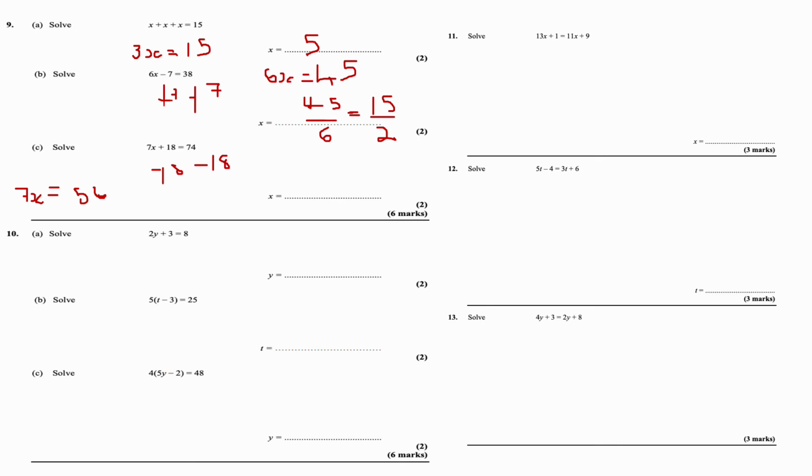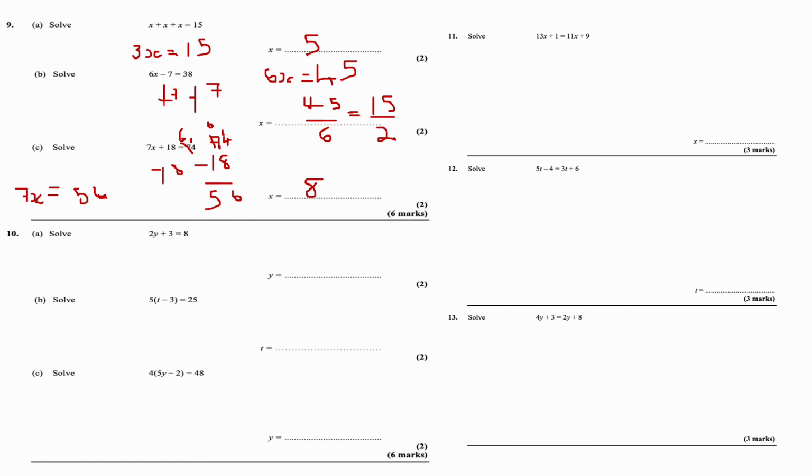Because 4 take away 8 I can't do, so I borrow from this. That becomes a 6. Okay, so that becomes a 14. 14 take away 8 is 6. Okay, write it as like a column subtraction. So that becomes a 6. That becomes a 1. 6 take away 1 is 5. 7x is equal to 56. Dividing both sides by 7, I get x is equal to 8.